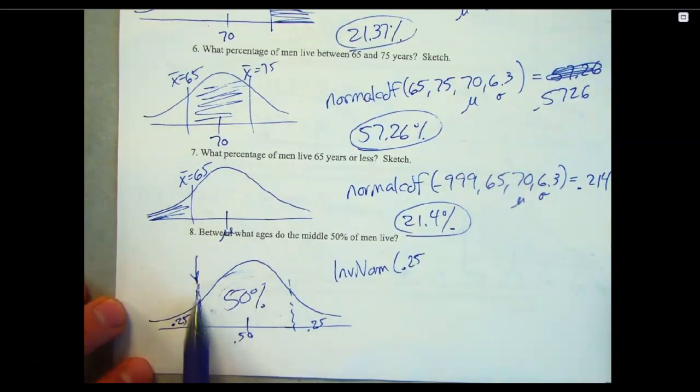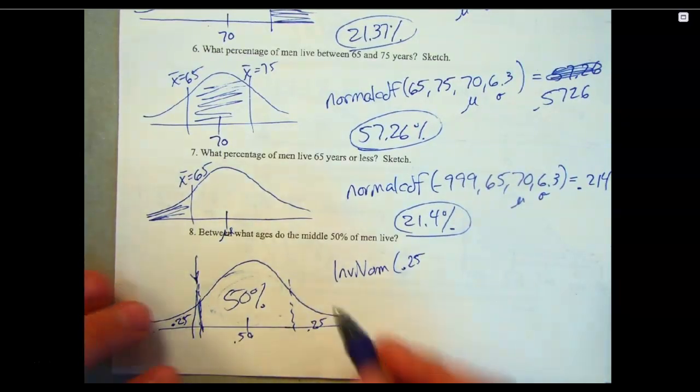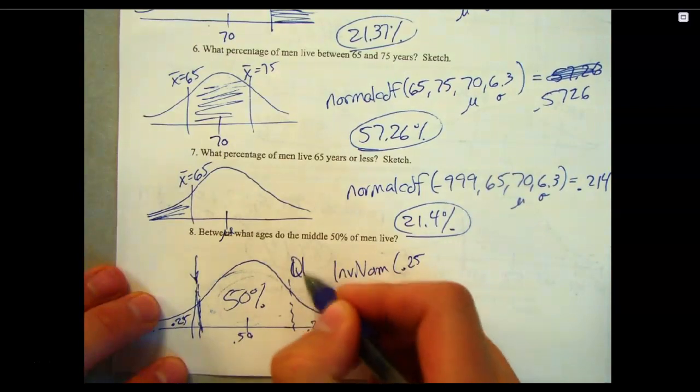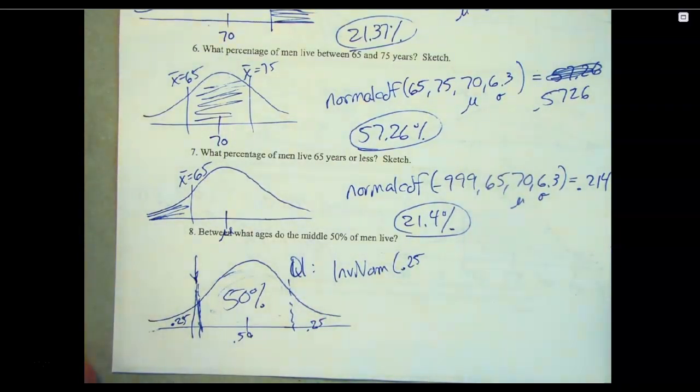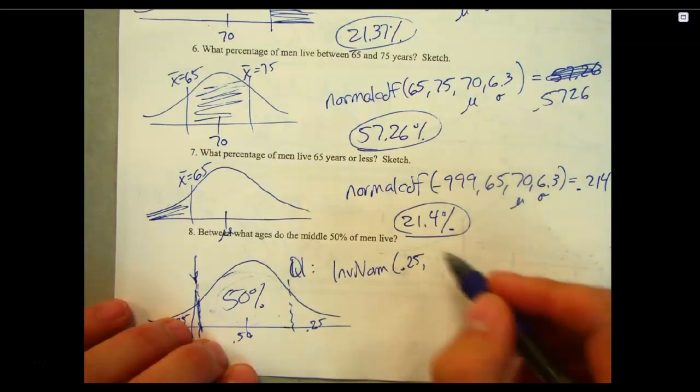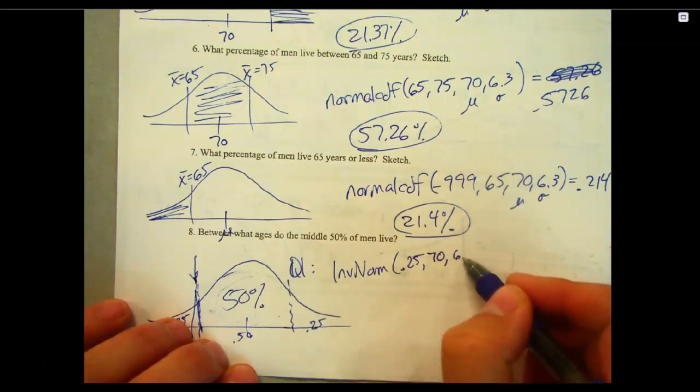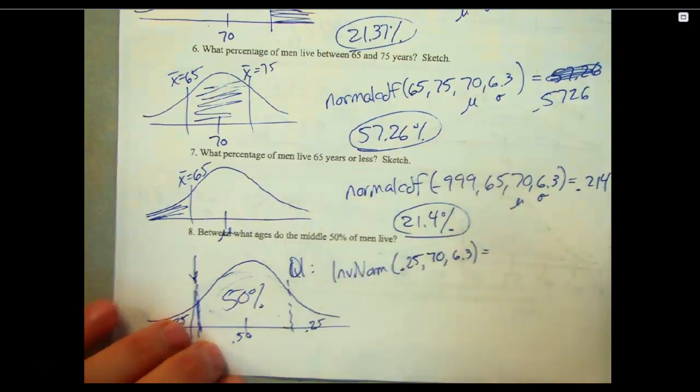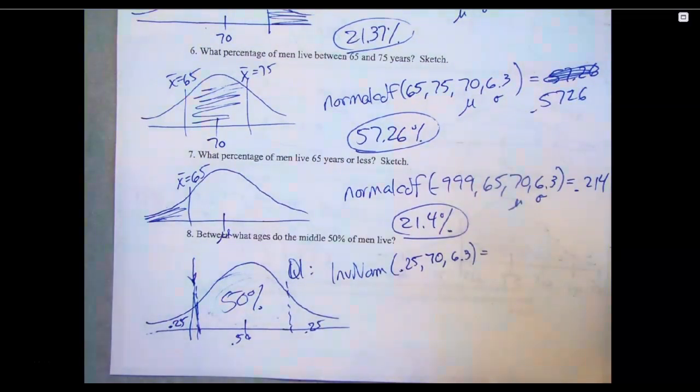So you got to go to the left-hand edge of it and find the 25th percentile. You can just think about it as finding IQR or Q1, 25% below. So inverse norm of 0.25, and then tell the calculator 70 and 6.3. So I get 65.75.